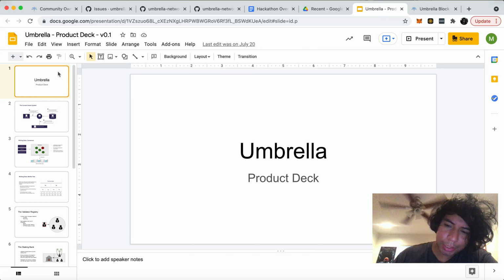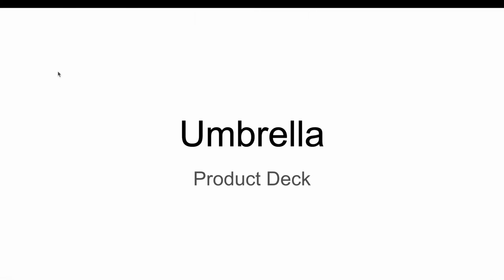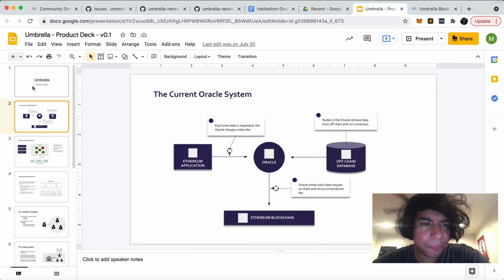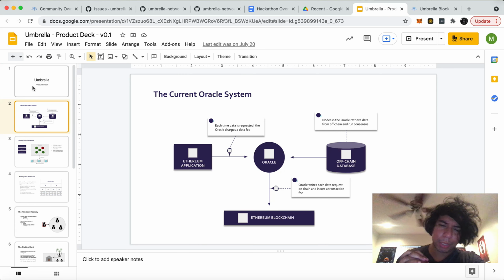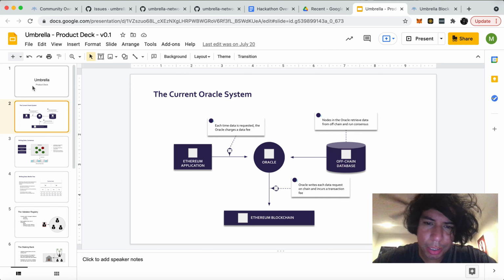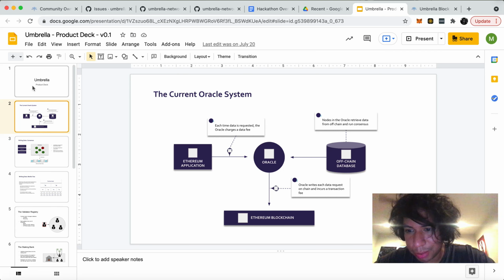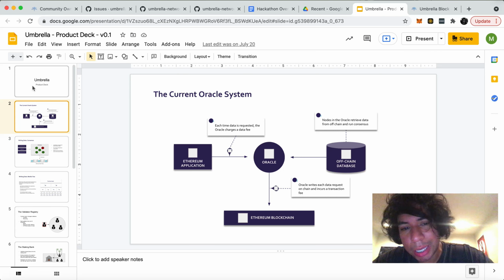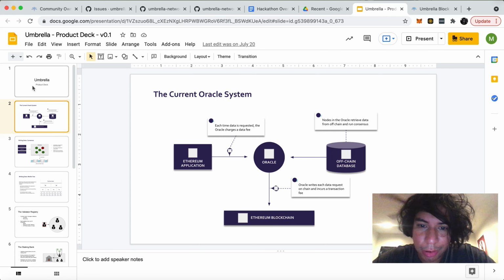But let me take a step back and present the architecture of the product for a little bit. The way that Oracle systems currently work is you have different feeds in which validators submit the price of a crypto pair. Let's say you have the ETHUSD feed, and Oracle validators submit a transaction to the smart contract, which is a feed contract.